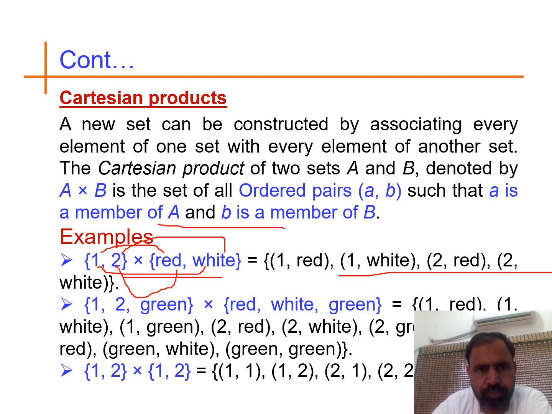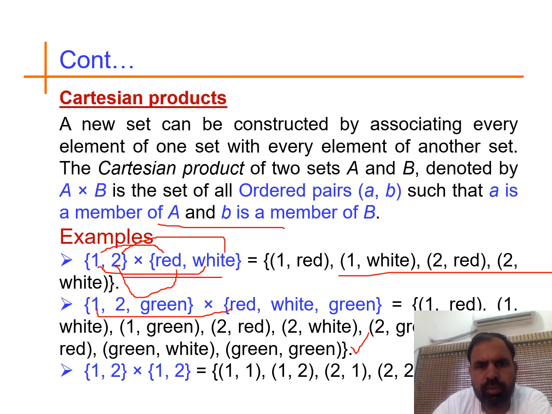If we take the Cartesian product of {1, 2, green} with {red, white, green}, then we do the same as in the previous example: 1 red, 1 white and 1 green, then 2 red, 2 white and 2 green, and then green red, green white and green green.